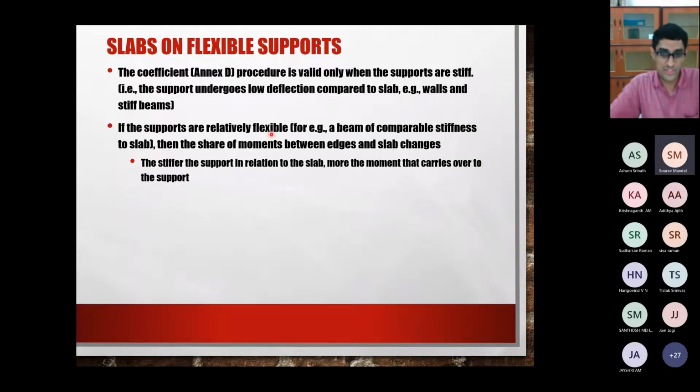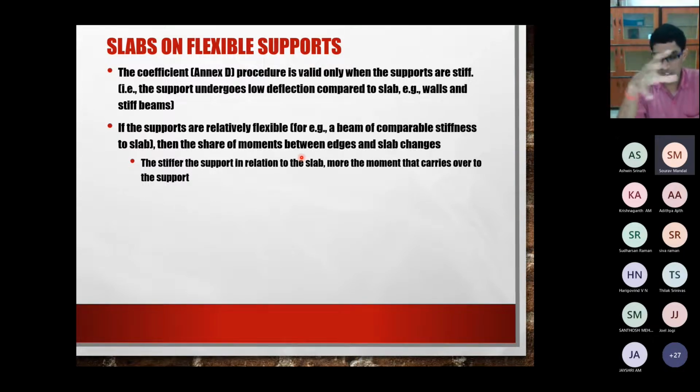If the supports are relatively flexible, for example, if below the edge of the slab there's a beam whose stiffness is very similar to the stiffness of the slab, then you will have some sharing of bending moment between the slab and the beam. Okay, so basically the beam has a stiffness, the slab has a stiffness. The slab has 4 edges, and on the 4 edges there are beams.